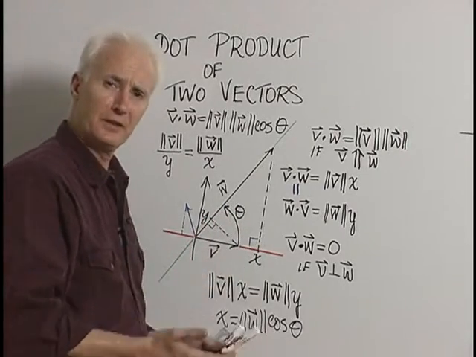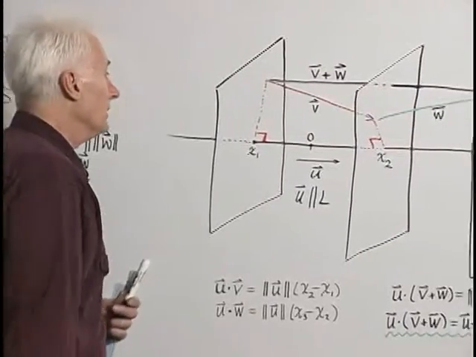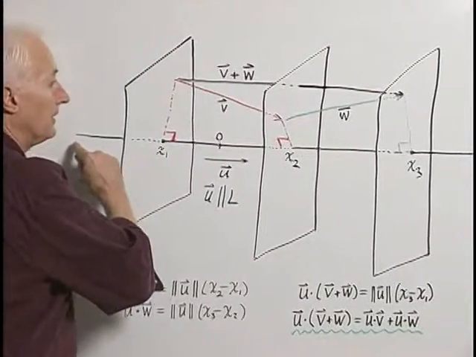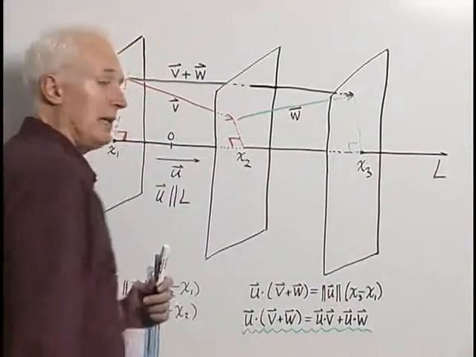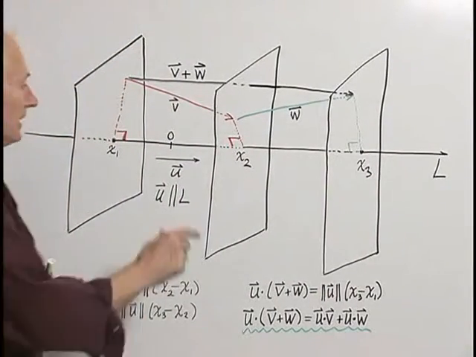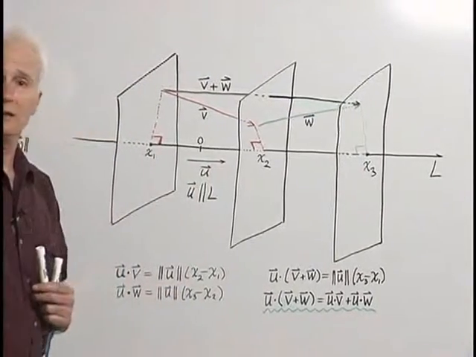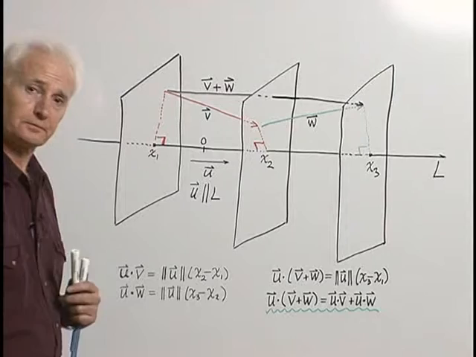Now let's look at another picture which illustrates the way this works. For instance, here I've got a number line, and imagine that that number line is just going any direction in space, except that we've got a vector u here, which is parallel to that number line.